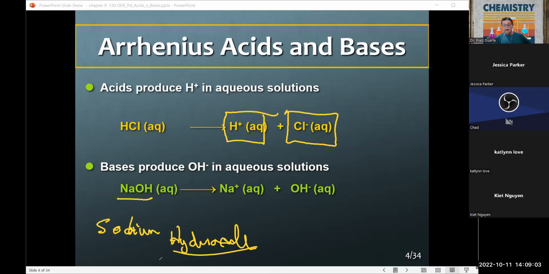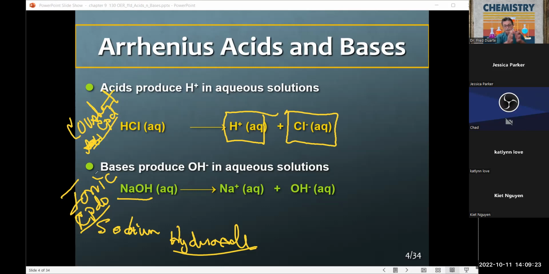And being ionic, as I stated, one of the properties of ionic compounds versus covalent, the acid being a covalent compound, is that they dissociate with various degrees of dissociation.